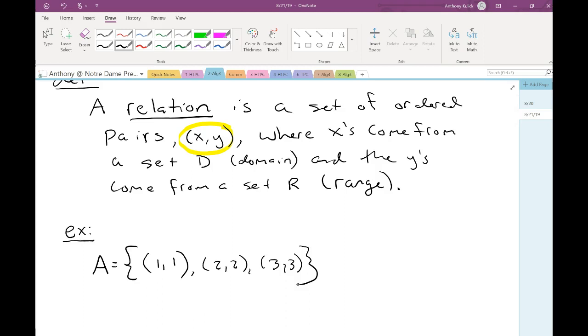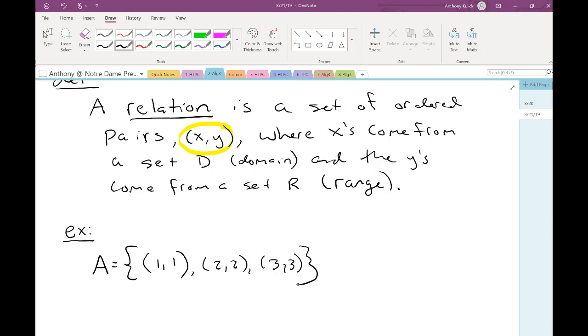So, for example, consider the set A. How many ordered pairs does A contain? 3, right? So what kind of set is A? Is it finite or infinite? Finite. Okay.